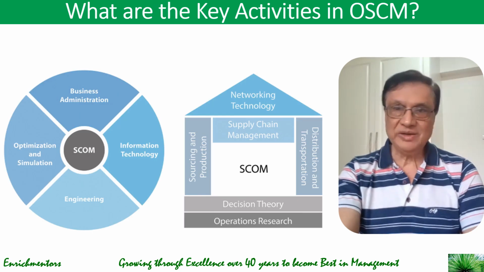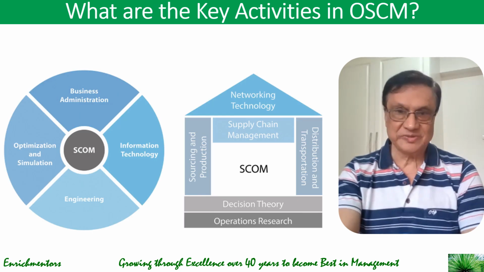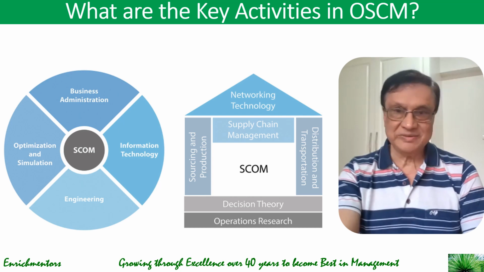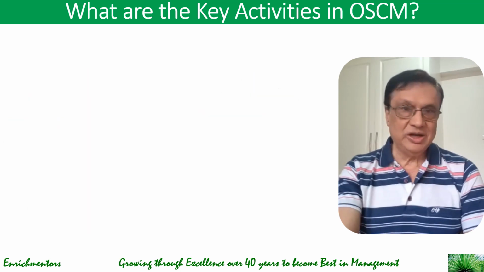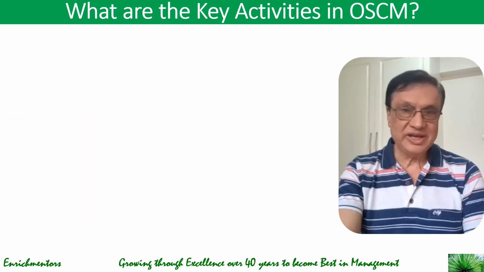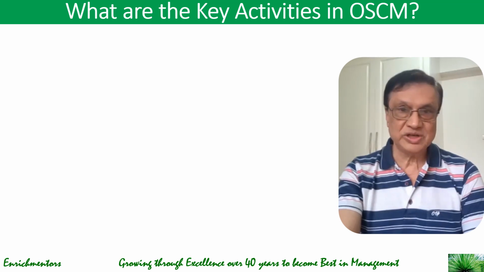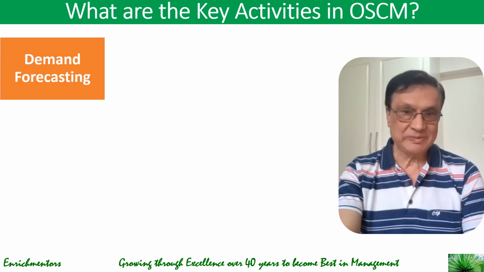Now, what are the key activities of operations and supply chain management? We talked about that. Let's summarize those here. The key activities include demand forecasting, where you predict future demand for products and services to ensure adequate production and supply.